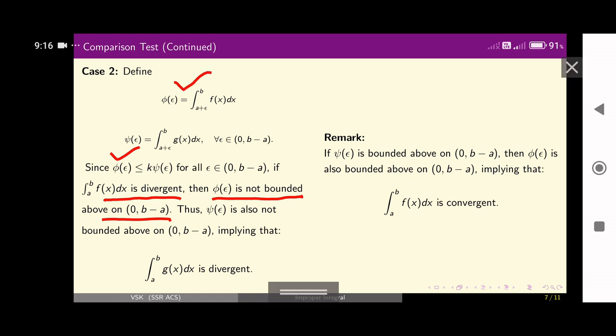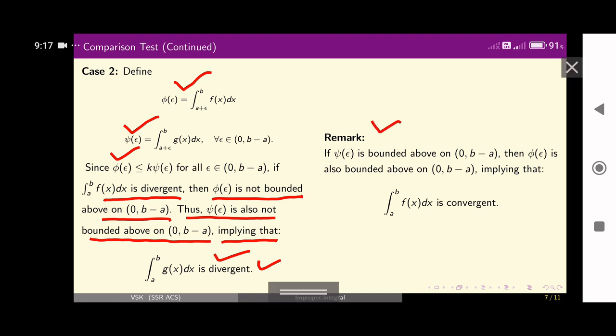Now if φ(ε) is not bounded above, then ψ(ε) is also not bounded above on the open interval (0, b−a). But what does this imply? This implies that the integral from a to b of g(x) dx is divergent, because if this were convergent, then ψ(ε) would be bounded by the previous theorem, but it is not bounded, so we declare that the integral of g(x) is divergent.